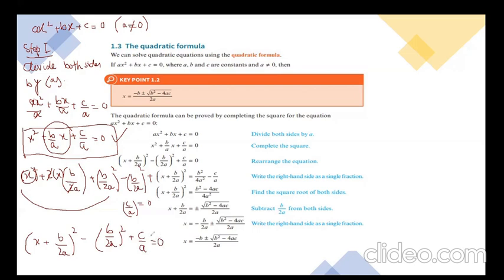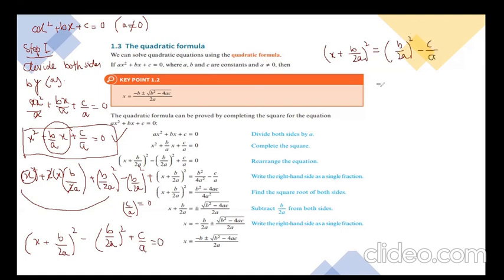So अब इस इक्वेशन की इस साइड को मैं दूसरी तरफ ले लूंगा तो इट मस्ट बी x plus b by 2a whole square equals to b by 2a whole square minus c by a.